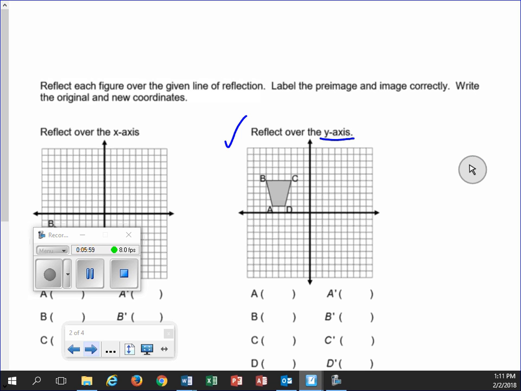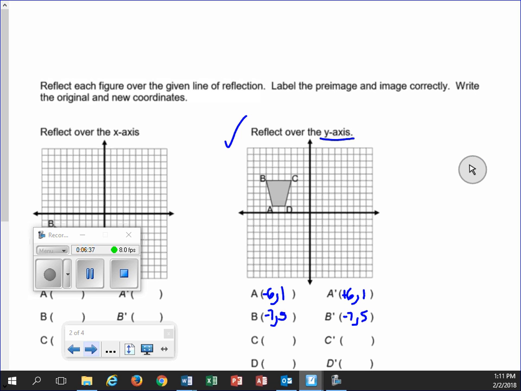So A is going to be 1, 2, 3, 4, 5, 6, -6 and 1. We're reflecting over the y-axis, so I need to change my x. My x is now going to be +6, 1. For B, we have 1, 2, 3, 4, 5, 6, 7, and 1, 2, 3, 4, 5, so -7, 5.